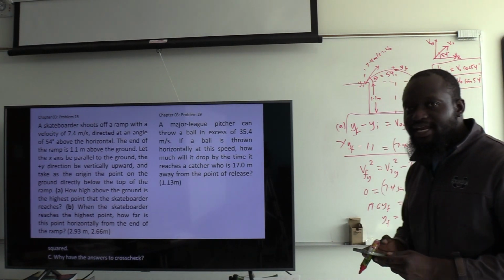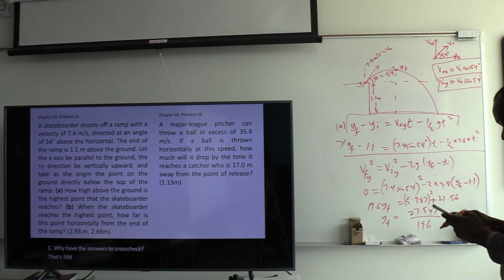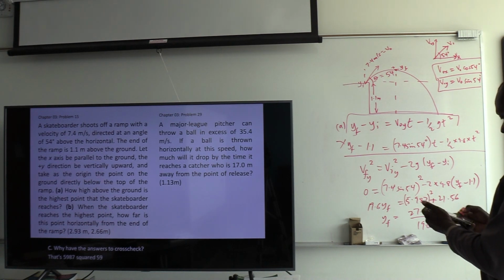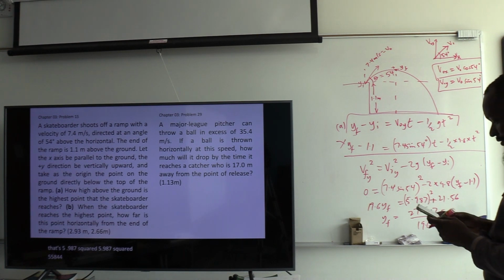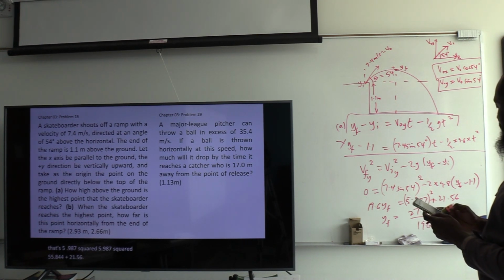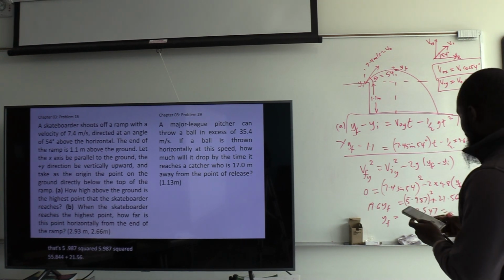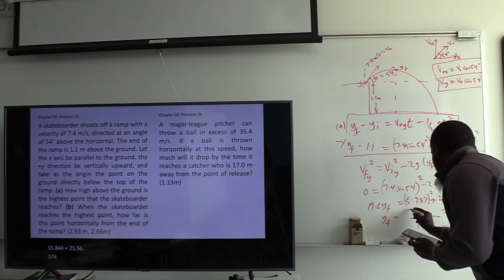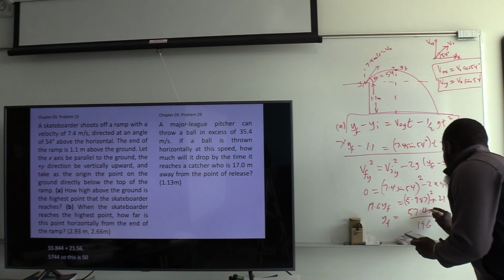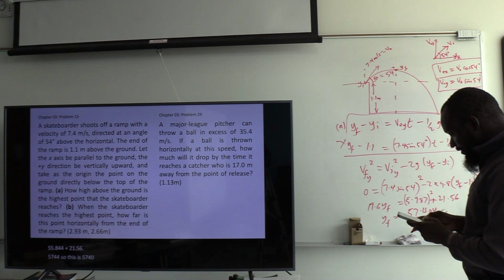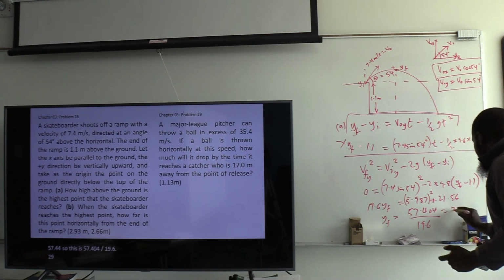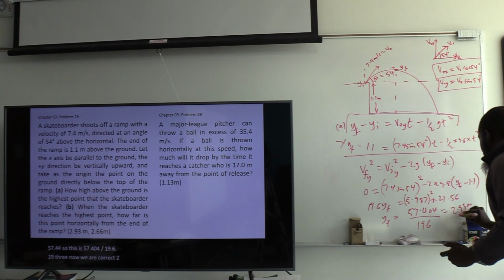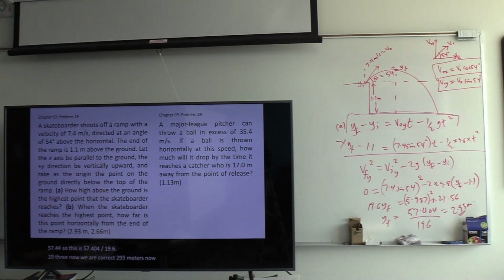That's 35.844 plus 21.56, which is 57.404. So 57.404 divided by 19.6 is 2.93. Now we are correct. 2.93 meters. Now that is correct, okay?